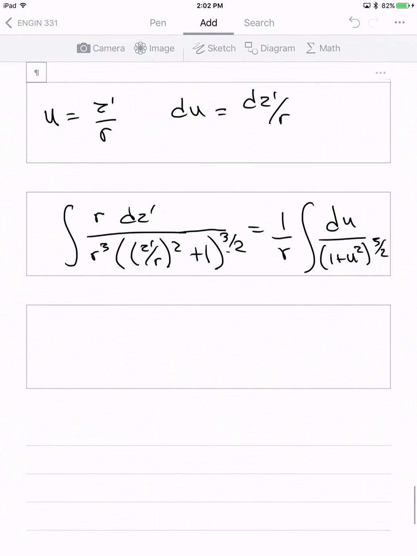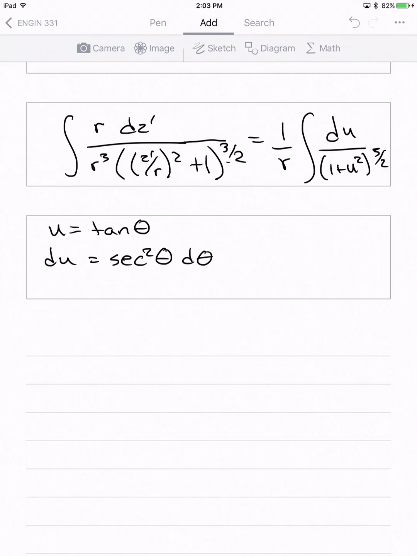Again, we're going to use u equals tangent theta, which means that du equals secant squared theta d theta. And we're going to use the fact that 1 plus u squared is equal to 1 plus tangent squared theta is equal to secant squared theta.